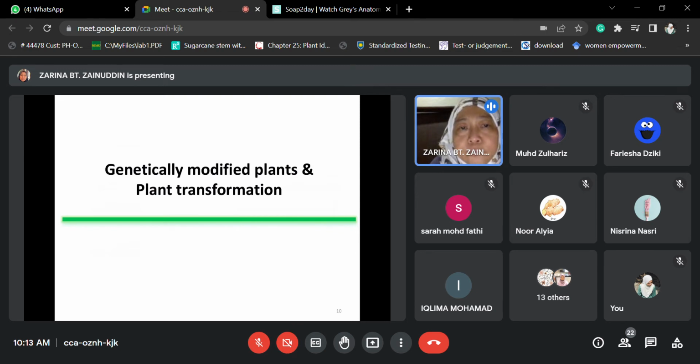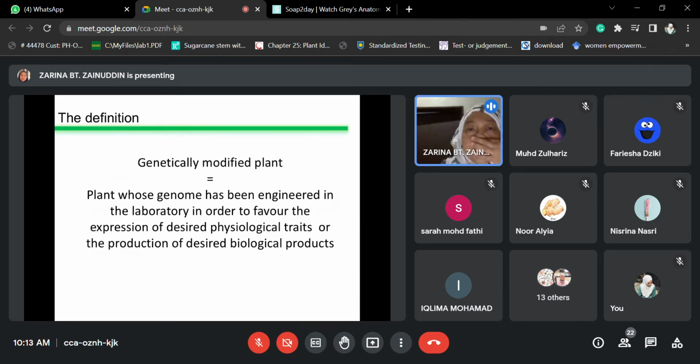All right, so I move to the next topic, which is genetically modified plants and also plant transformation. I think by now you should know what a genetically modified plant is. There are many definitions, but this is the definition that I use.